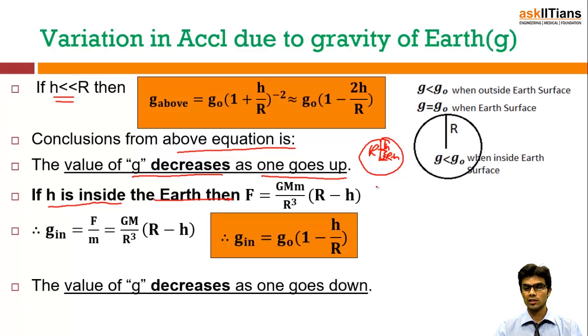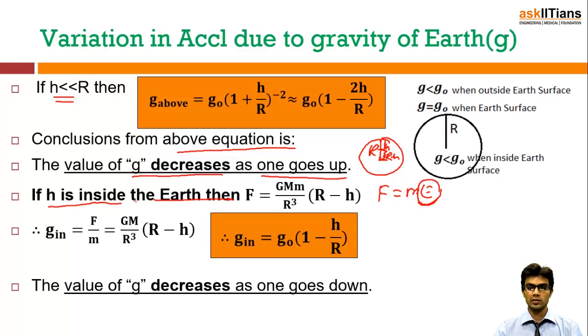Since F is equal to mE, we can write the gravitational intensity inside the solid sphere. Since earth is a solid sphere, we can multiply by the mass m, so this will give GMm by R cube into (R minus h).